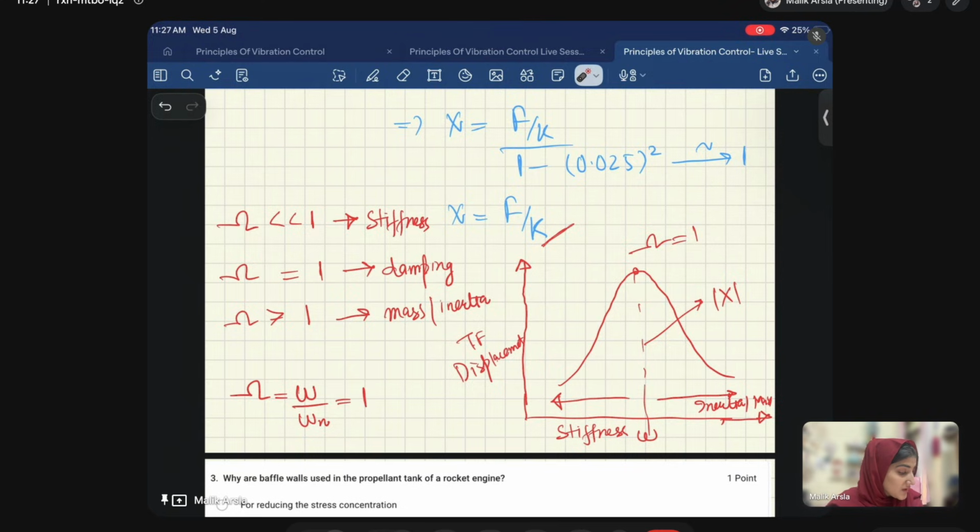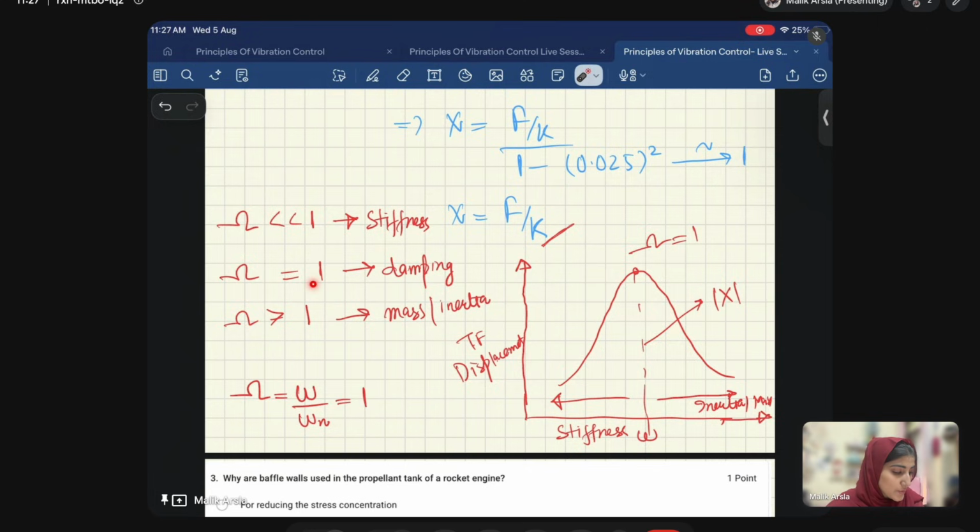So the graph is something like this, and you don't have to memorize the different regions of the graph, but you can simply remember that when this omega is very less than 1, it is stiffness. The whole derivation has also been shown. So here I have just done it for the stiffness parameter. So when this omega is very less than 1, for example here it was 0.025, then the parameter which is important for vibration control is stiffness.